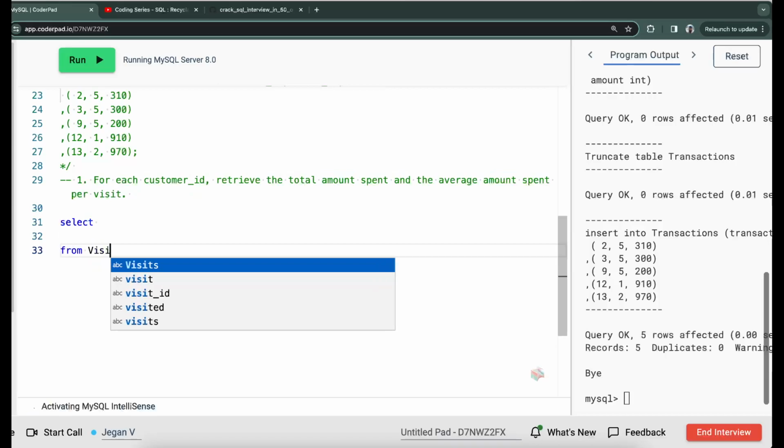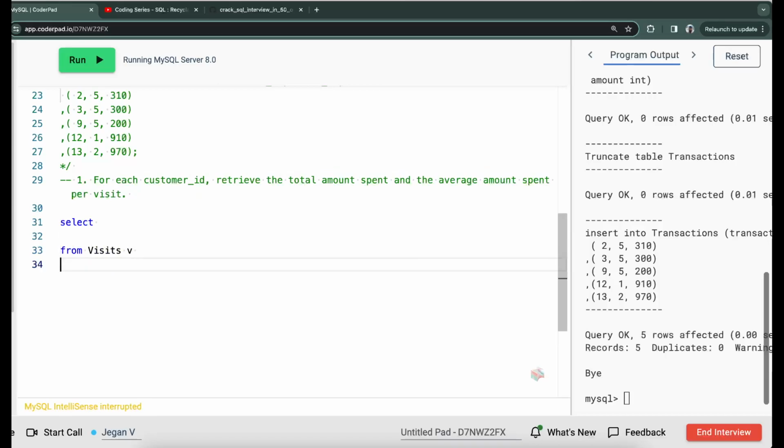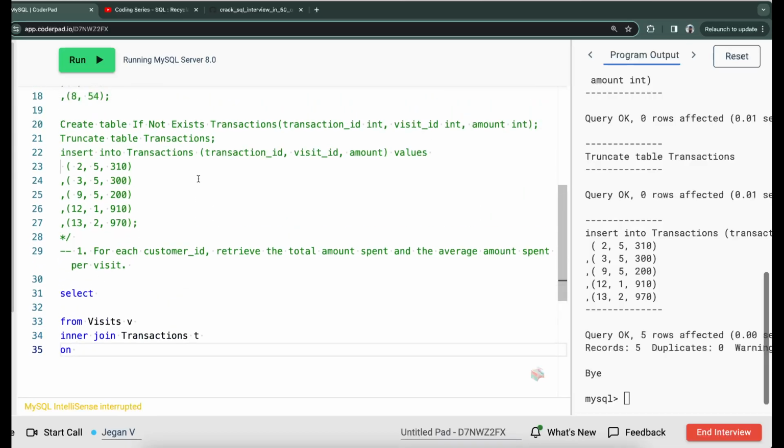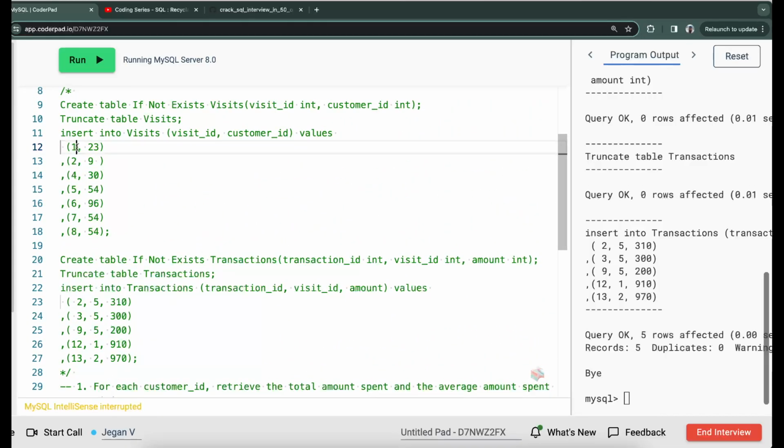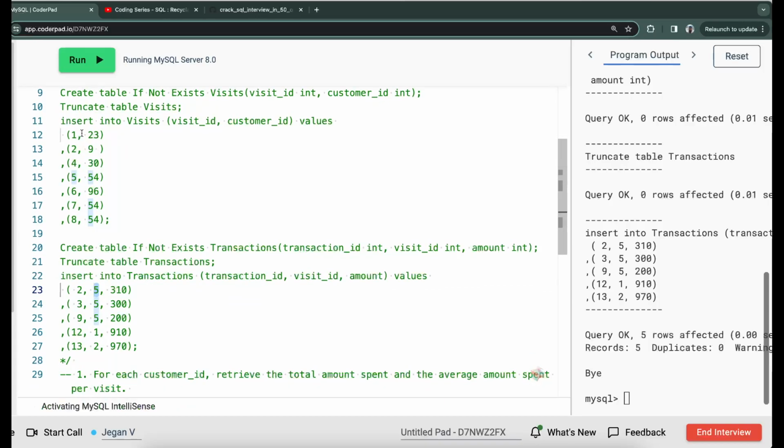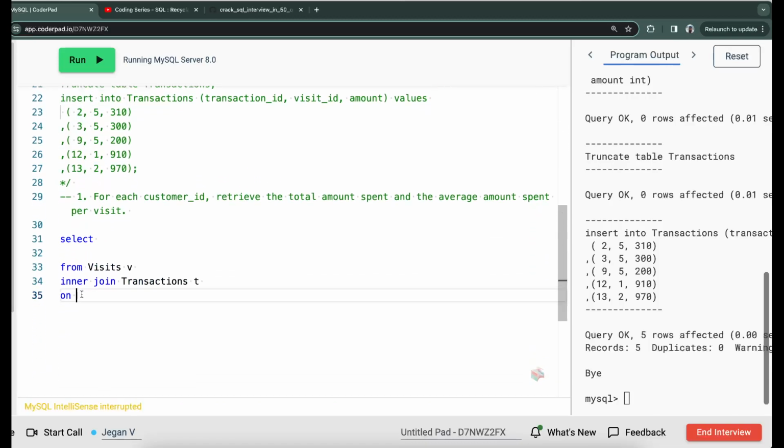From visits v inner join transactions t. So how are the visits and the transactions connected? It's based on the visit ID. Not every visit has a transaction, but whatever visits have a transaction, you connect with the visit ID, so on t.visit_id equal to v.visit_id.